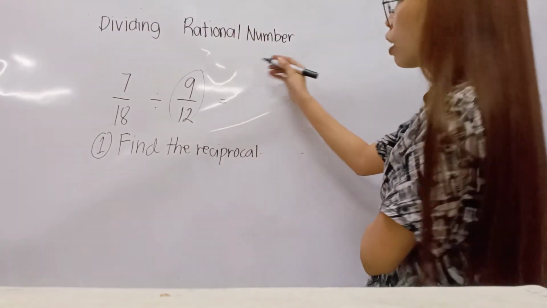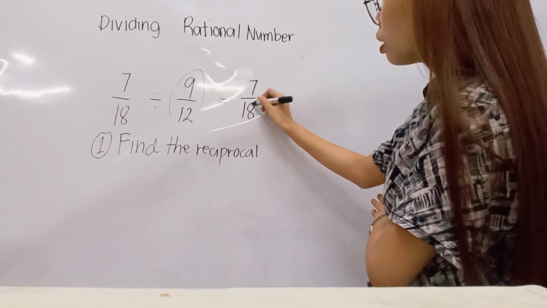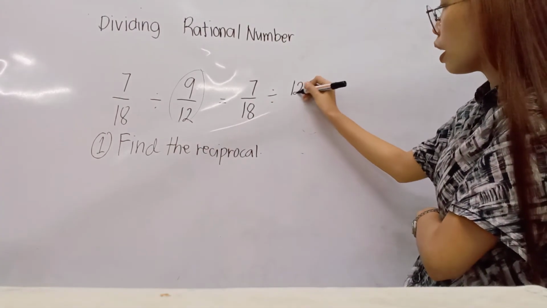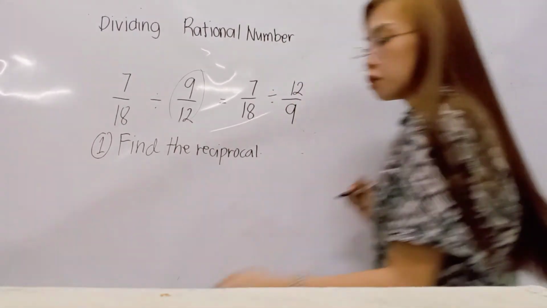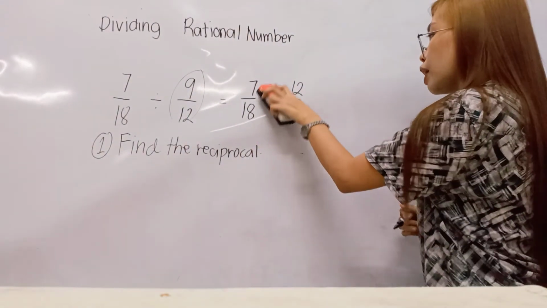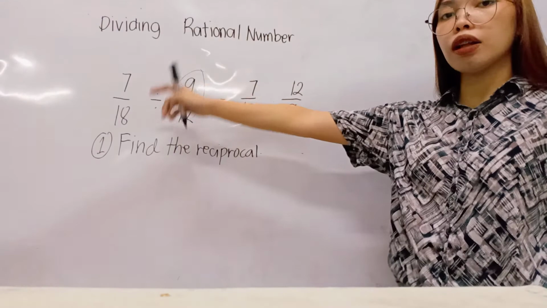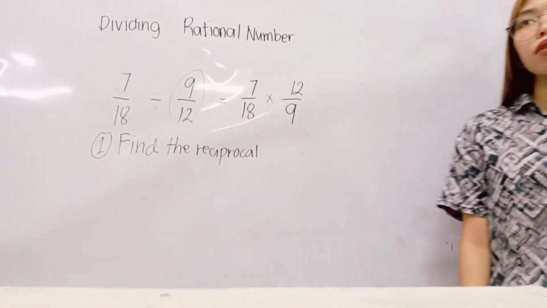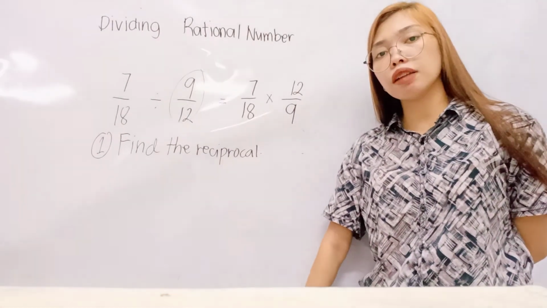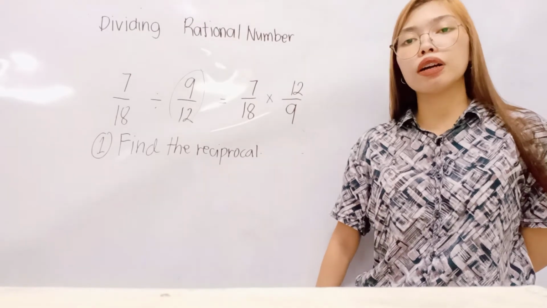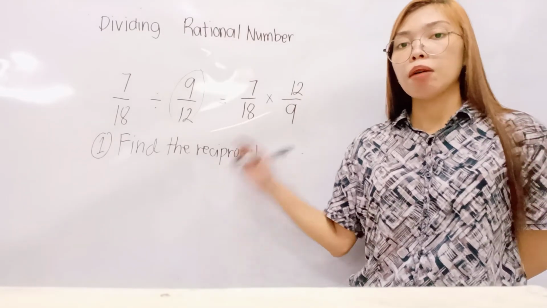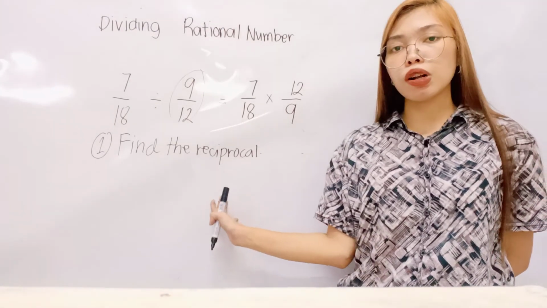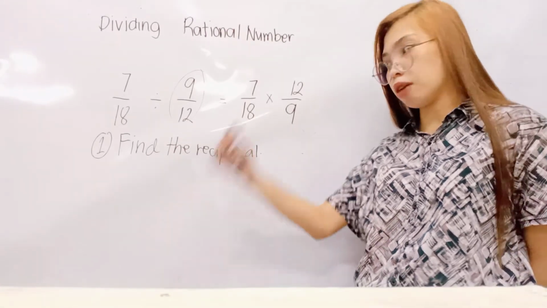So, it will become 7 over 18. It will remain the same. And then, divided by, yun po yung pagpapalitin natin, 12 over 9. But when you already get the reciprocal from division, the operation will be multiplication na. Again po, when you already get the reciprocal of the second fraction, it will no longer be division. It will become multiplication na po. And then, we will apply the procedures that we already tackled kanina lang po.